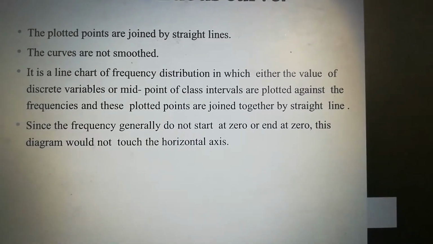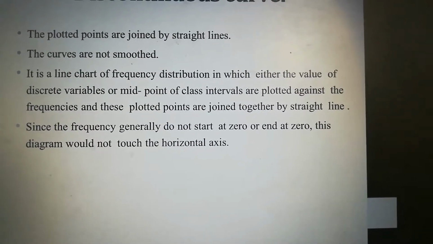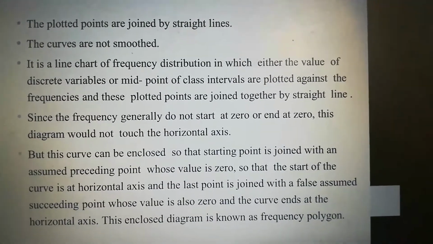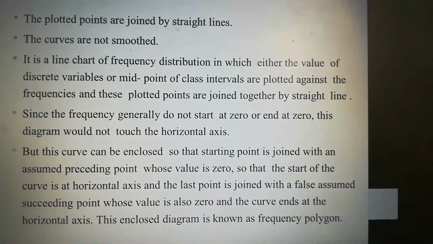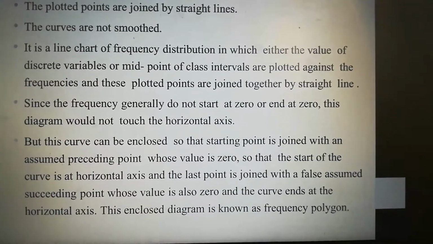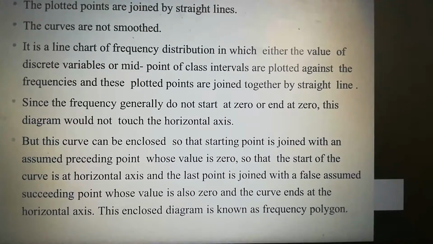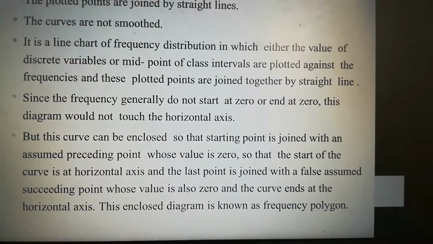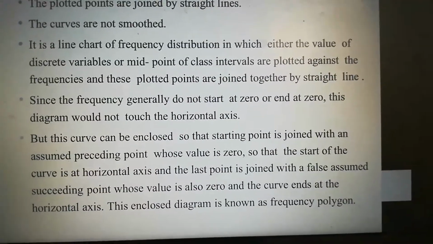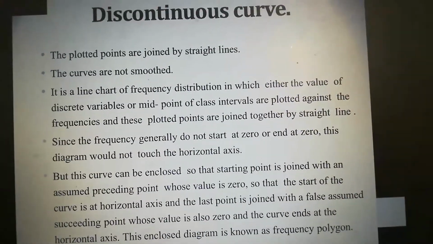It does not start from 0 and does not end at the 0 point. But this curve can be enclosed so that the starting point is joined with an assumed preceding point whose value is 0. This enclosed diagram is known as the frequency polygon in the case of a discontinuous curve.